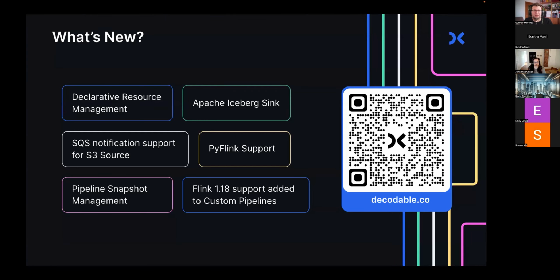One thing I'm super excited about is what we call declarative resource management. So if you have been using Kubernetes before, you will be aware that this has a declarative resource model, right? So you say those are the resources which should run on my Kubernetes cluster in the form of custom resource definitions. And then Kubernetes takes care of materializing the resources which represent your intended state of things.